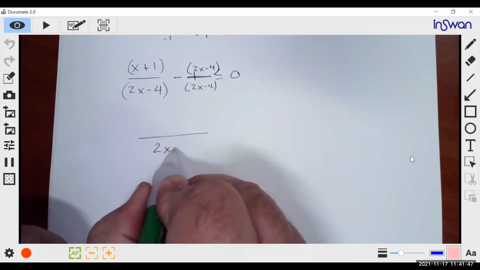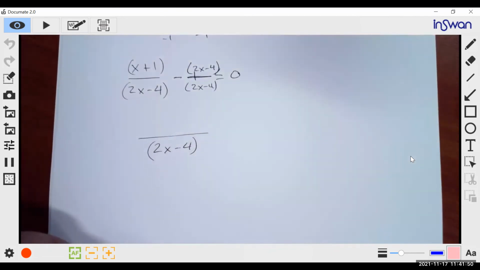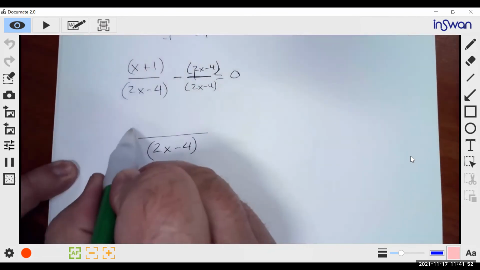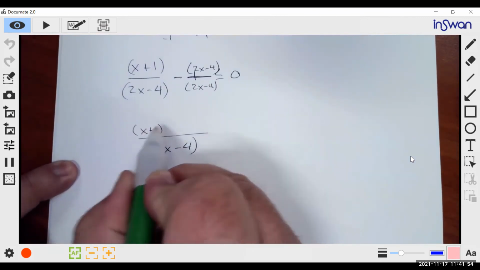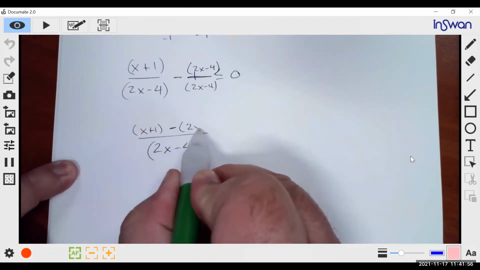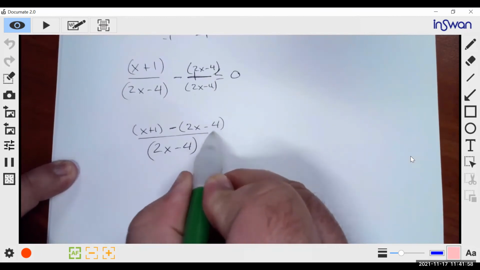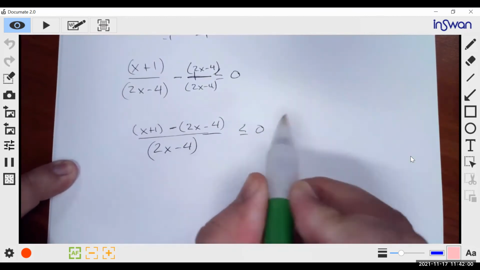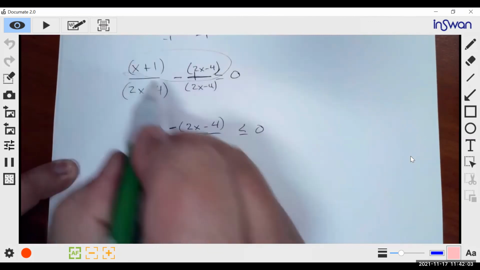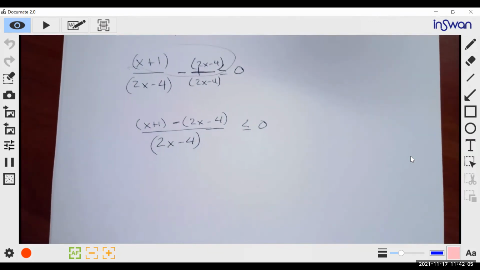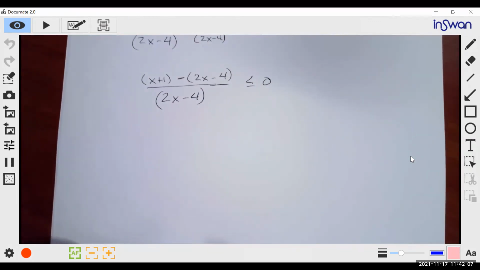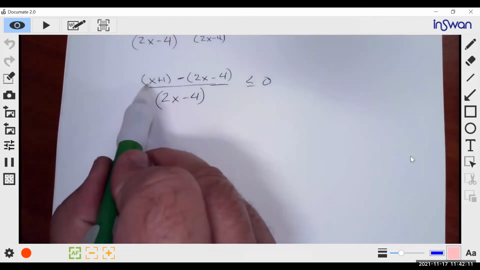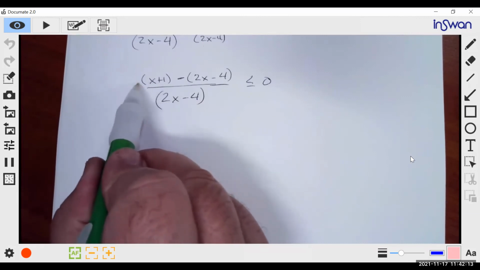I have a common denominator, so I'll just write it down once. And now on the top, I put what I have left, including the sign. Let's see about the parentheses. Do you need the first pair of parentheses? Is there a coefficient?